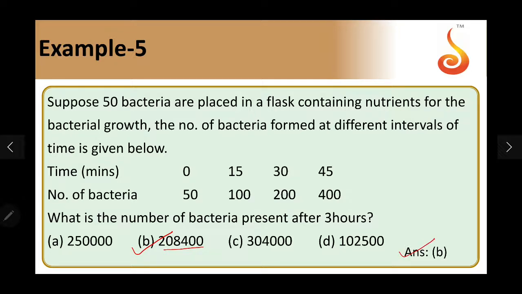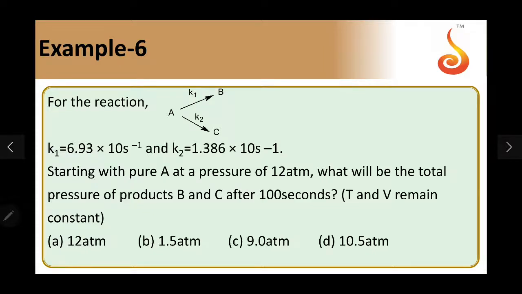We'll go to example 6. This is a parallel path reaction. So A gives rise to B and C, and the rate constants are K1 and K2. K1 is 6.93 × 10 power minus 3, the power is missing in the equation, sorry, and K2 is 10 power minus 2.